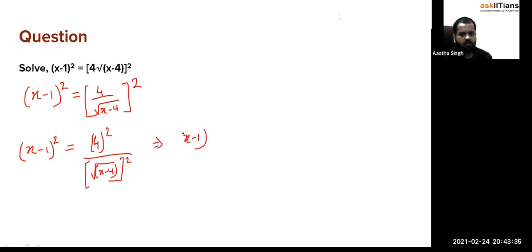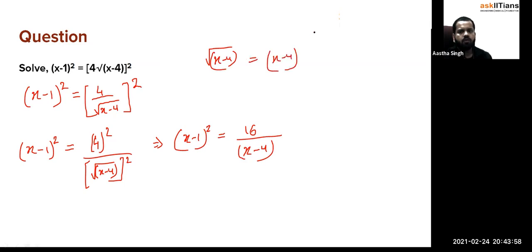So (x minus 1) whole square will be equal to 16 upon the square of the under root of x minus 4, which will be equal to x minus 4, right? Because under root of something, x minus 4, is equal to x minus 4 to the power 1 by 2.